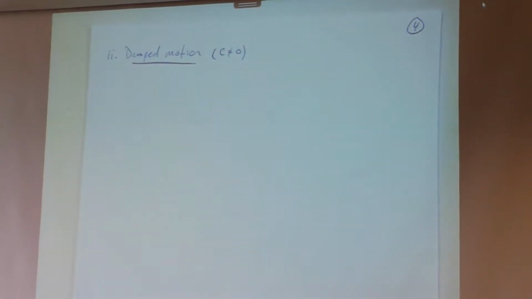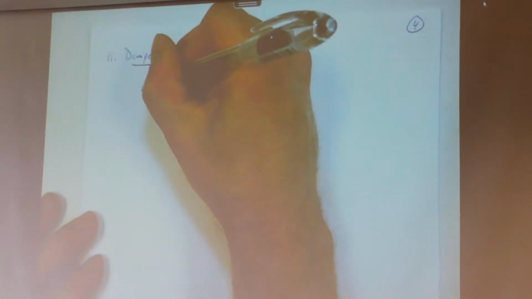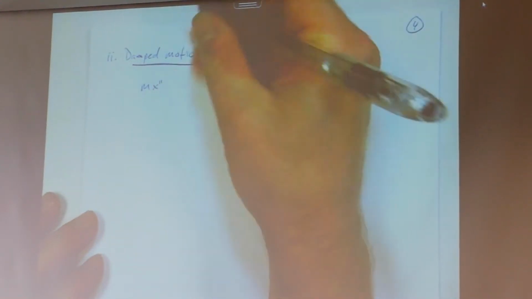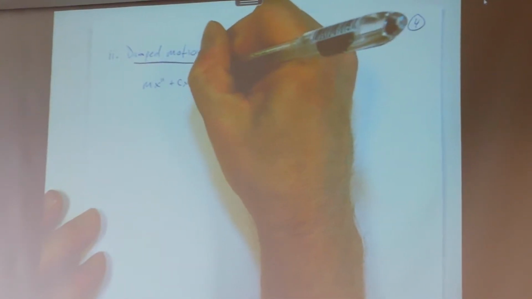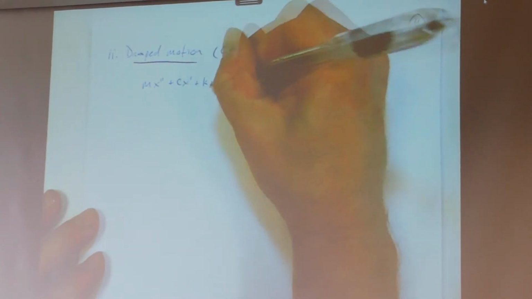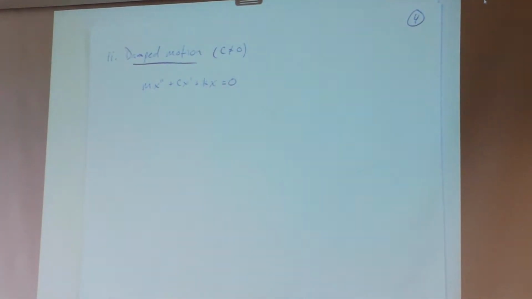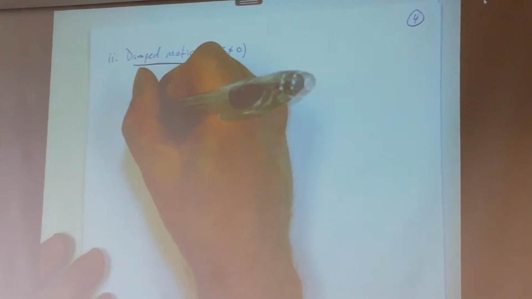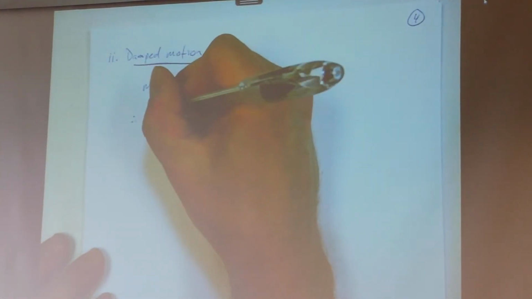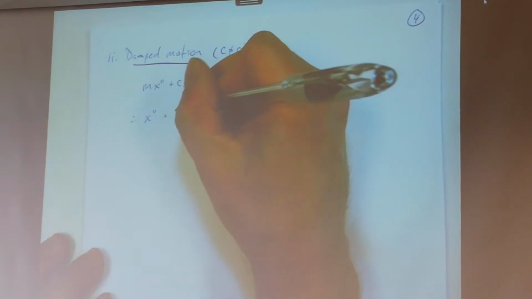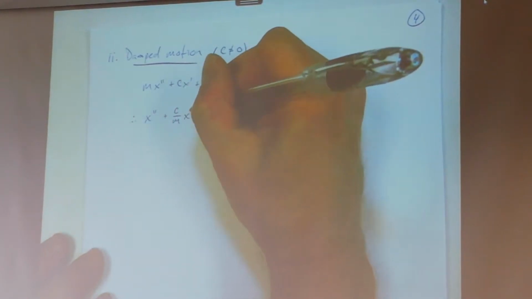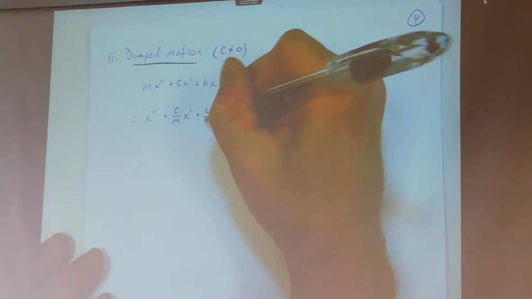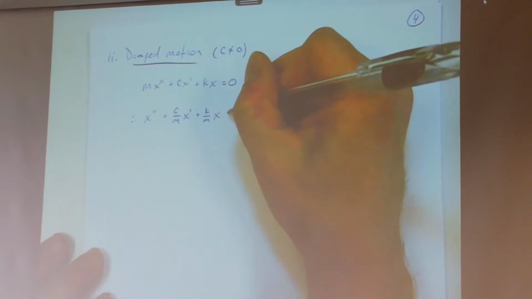All right. So I'm just going to write down the full equation again. m x double prime plus c x prime plus k x equals 0, right? Okay. So again, dividing through by m gives us x double prime plus c over m x prime plus k over m x equals 0.